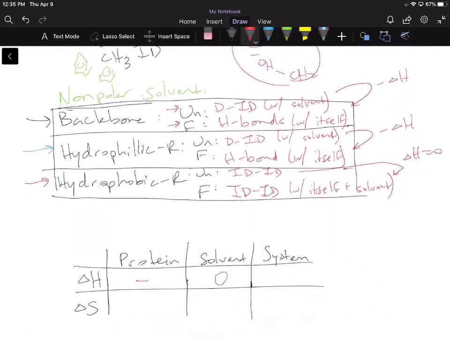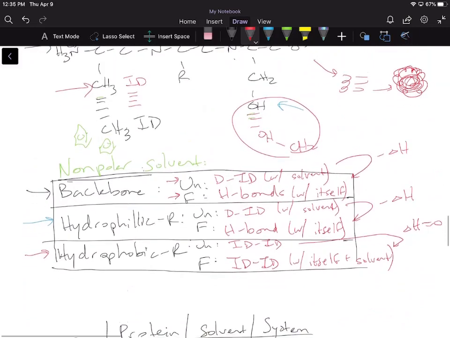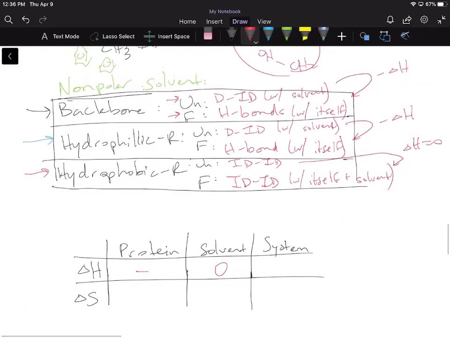But technically, it's a little bit more complicated than that because we're also making better bonds in the polar regions. So overall, we're going to say that the delta H of the system is going to be negative, okay?